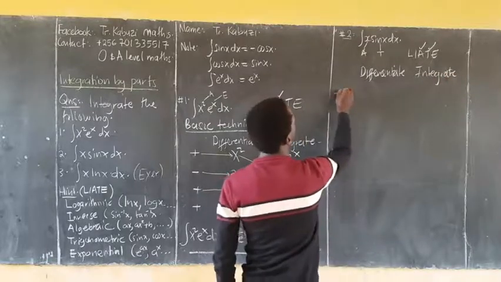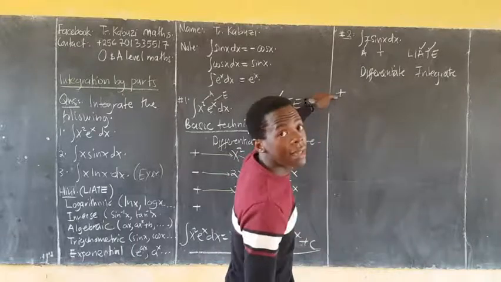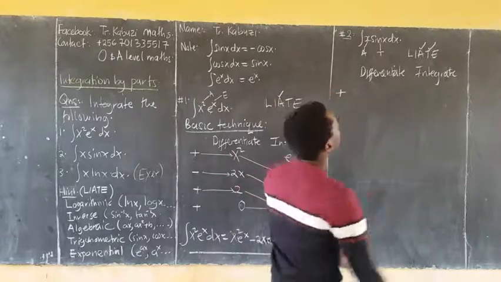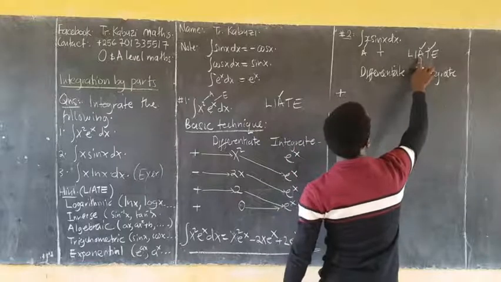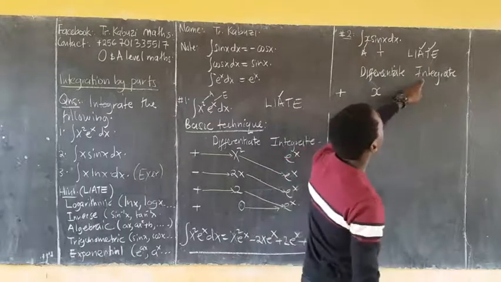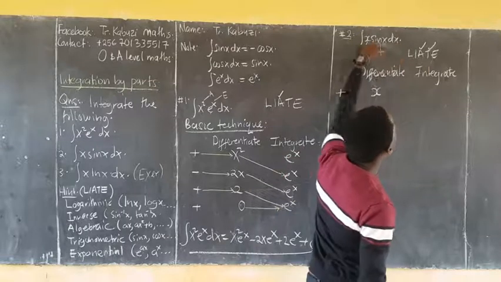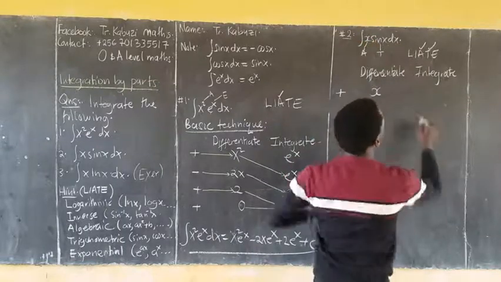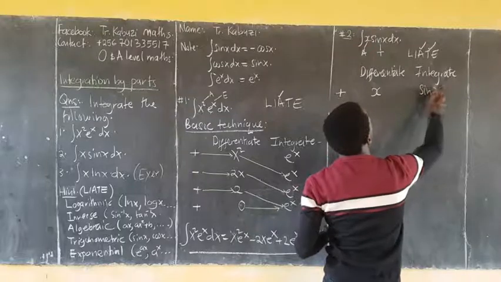I start by putting a positive, which is the first sign we put here. Because A comes first, my first term is x, I put it there. Then what comes next is the trig. My trig function is the sine, so I put here my sine x.